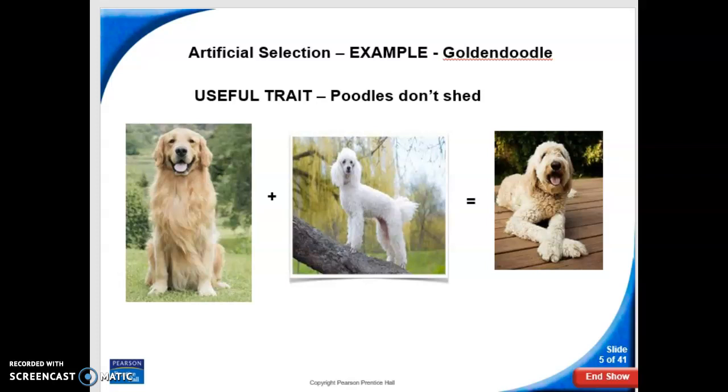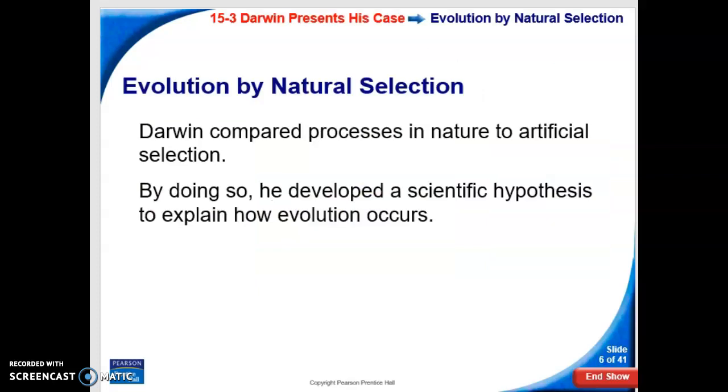So a lot of people are crossing dogs with poodles because you will get a type of dog that does not shed. That's an example of artificial selection. There is a useful trait, a variation that people actually want in that animal.